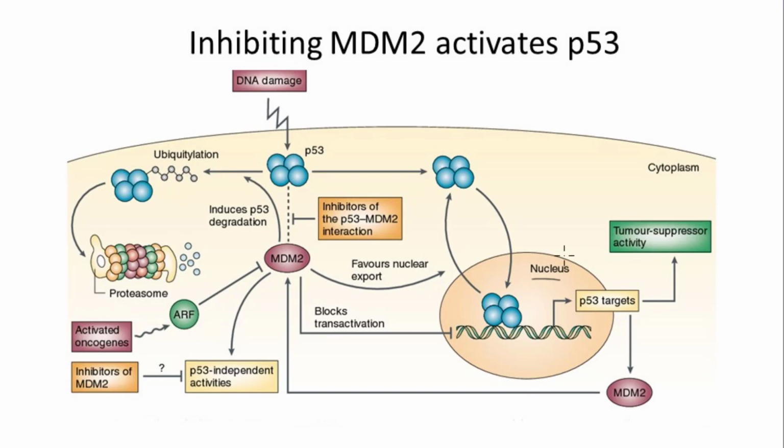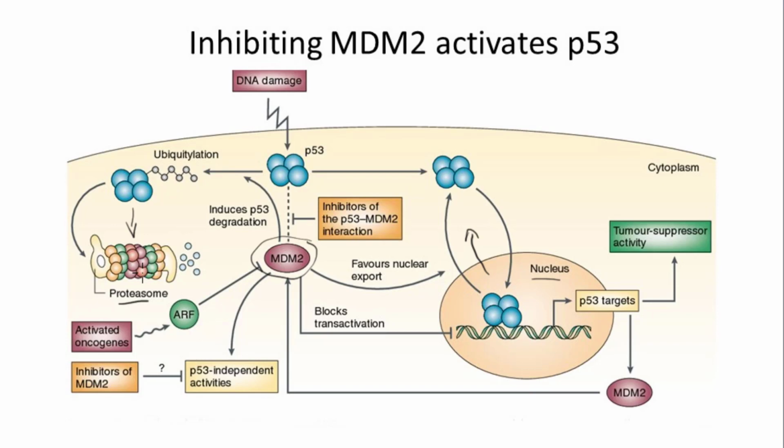A regulatory protein called MDM2 causes p53 protein to be exported out of the nucleus into the cytoplasm. MDM2 also promotes ubiquitination of p53, which, as we've discussed previously in the course, is the kiss of death for proteins. It targets the ubiquitinated protein to the proteasome for degradation.